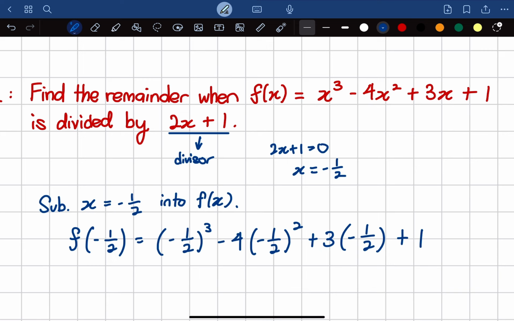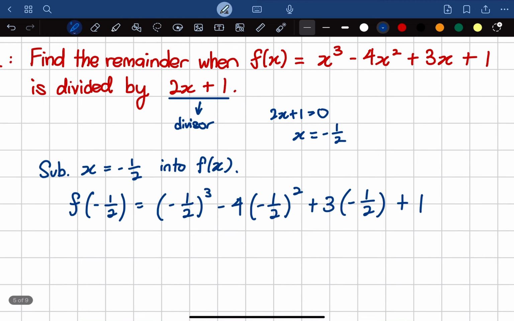Then you simply key this whole expression into your calculator, and you should easily obtain the remainder for this polynomial when divided by 2x plus 1. If I key this into my calculator, I should get negative 13 over 8.